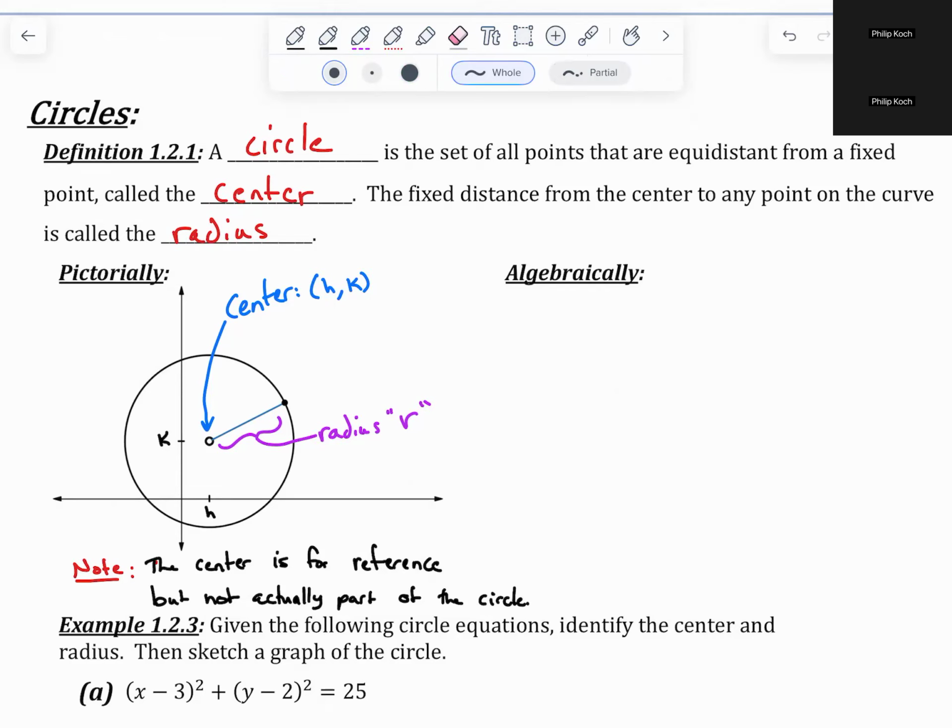But algebraically, once Rene Descartes got into the picture and we started realizing there was a connection between shapes and algebra, we were able to get a thing called standard form.